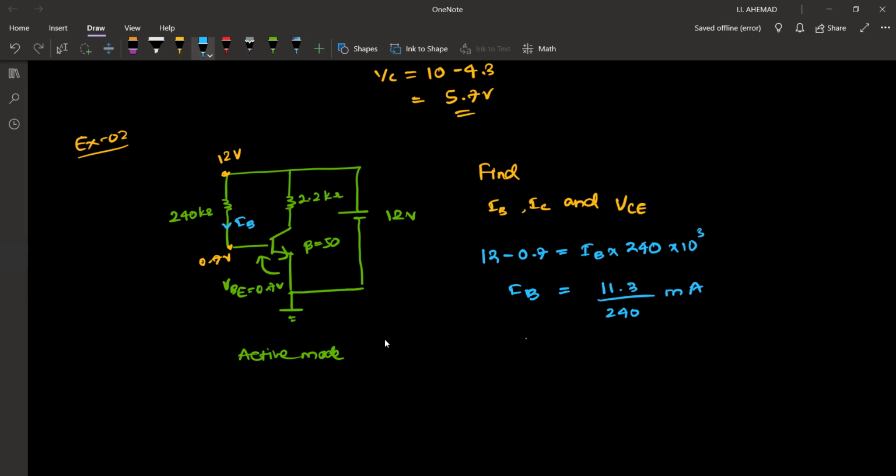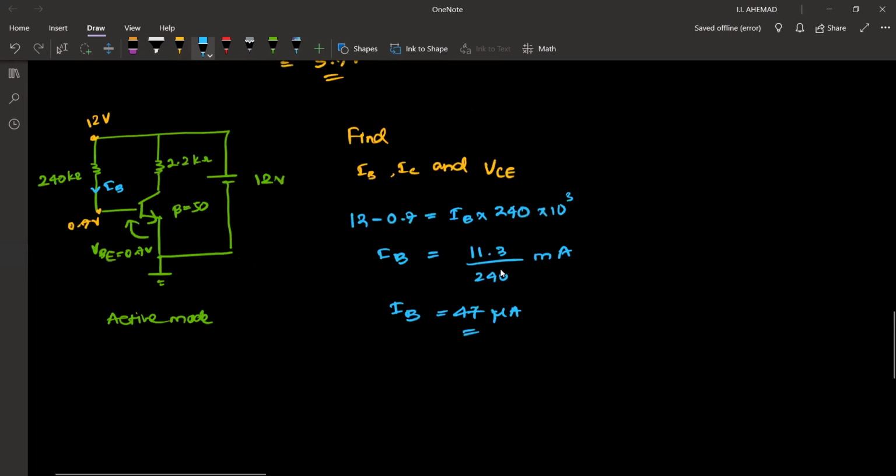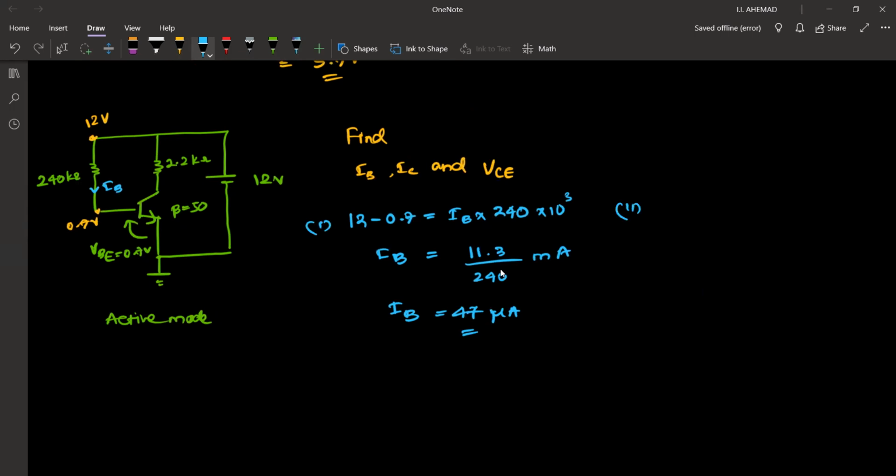When we simplify, we get 47 microamperes.